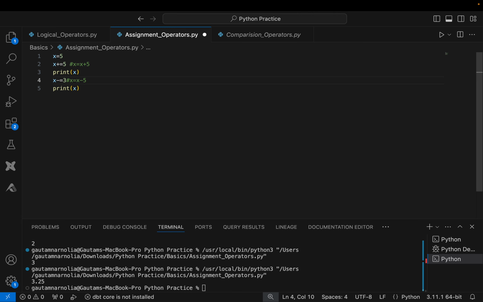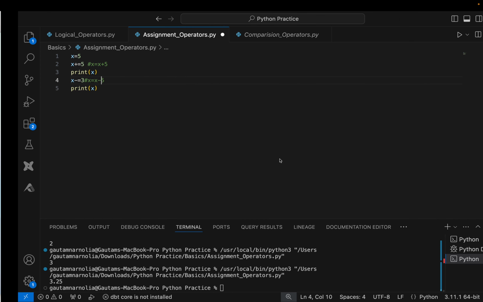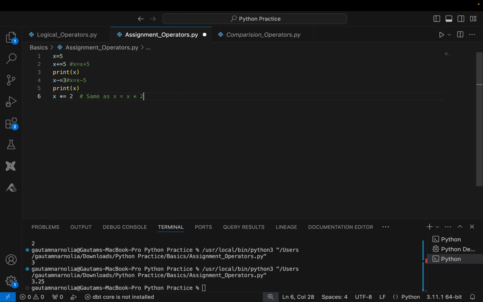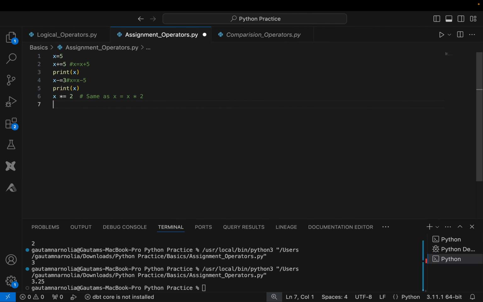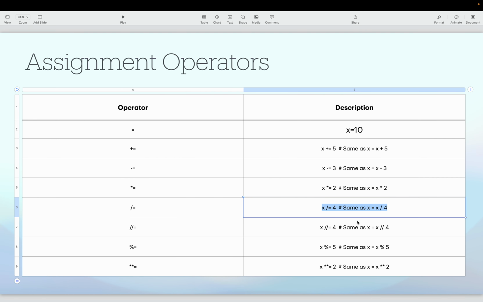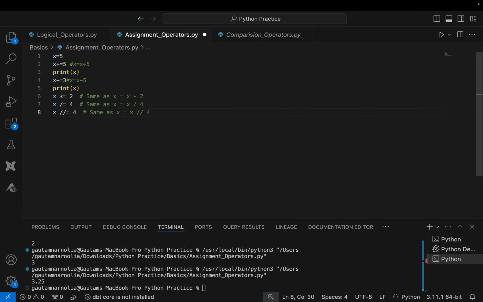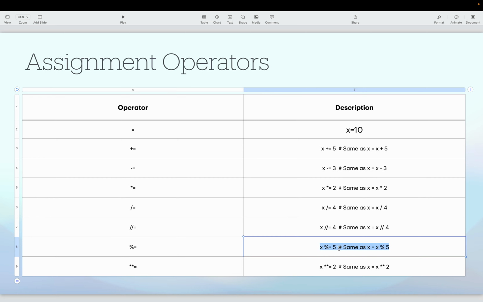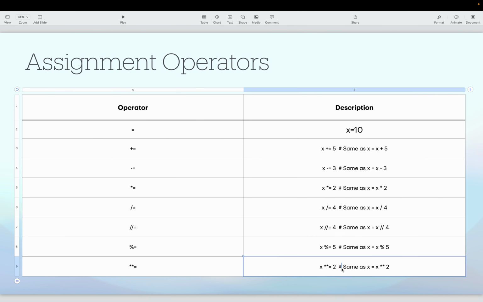So let me just copy it from here. All are the same, they behave in the same way. Let me put an example for each one so that it is easy to understand.